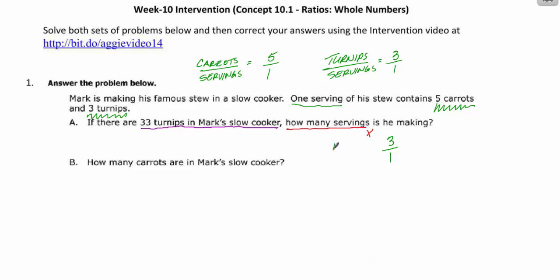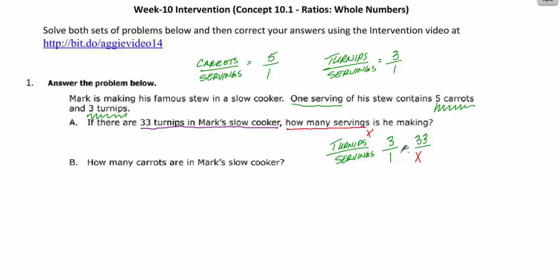So again, we have turnips, we have servings. There are 3 turnips in one serving. Our question is, if there are 33 turnips sitting in that slow cooker, how many servings does that represent?